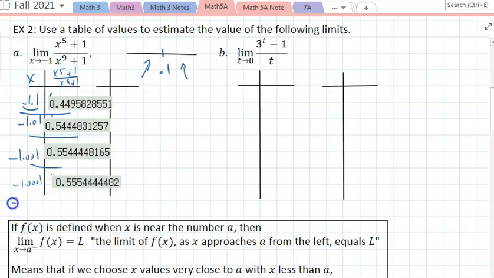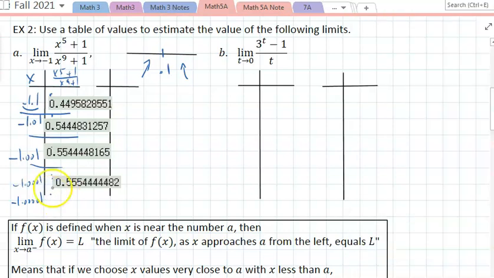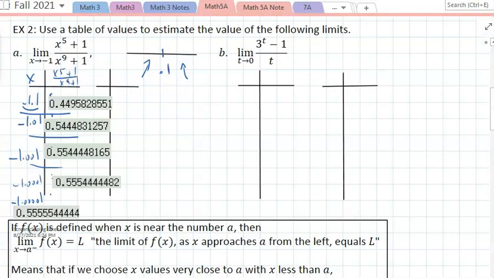I'm going to try -1.00001. Yep. So it looks like from the left, from what I see, it looks like this is approaching 0.55555.